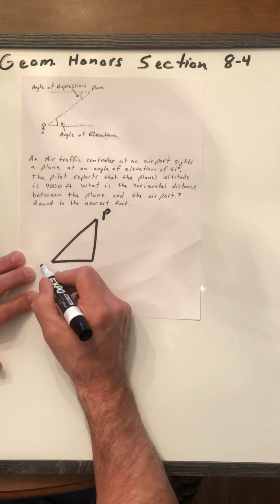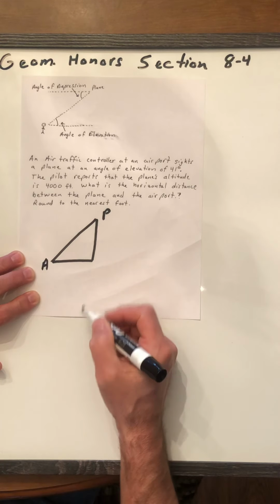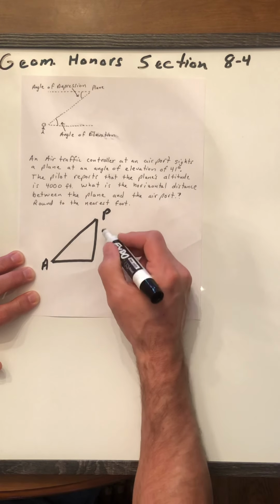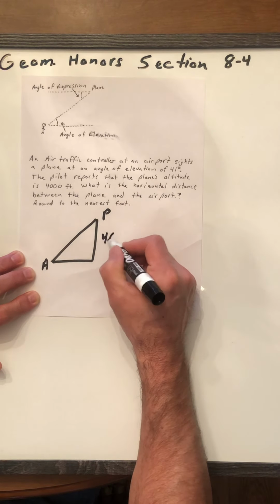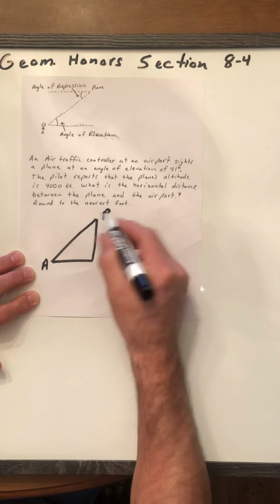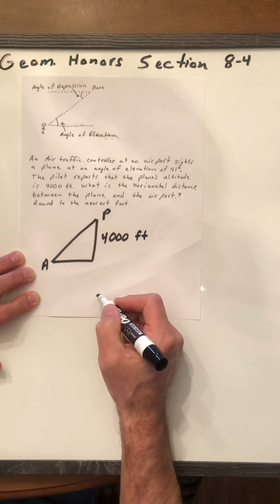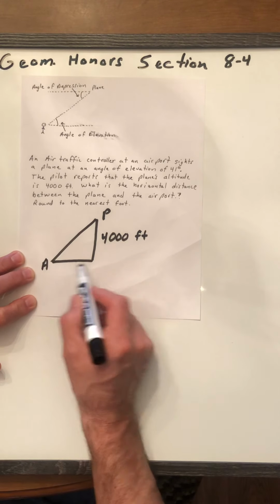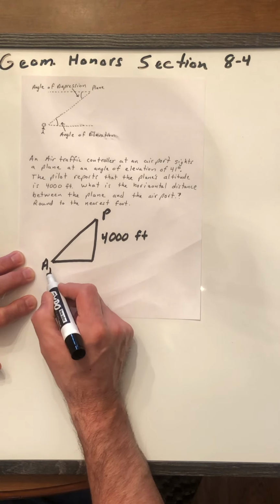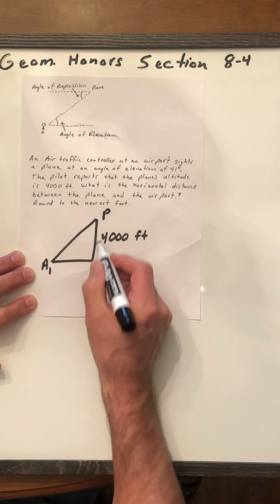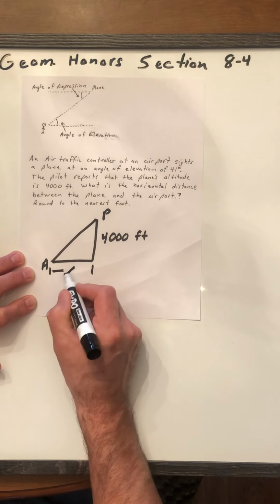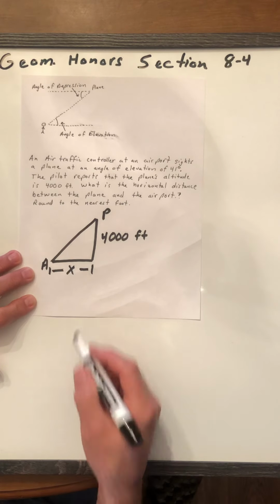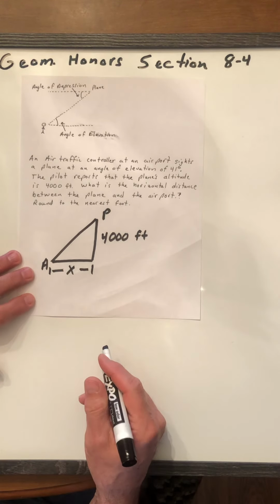Down here is the airport, and then the altitude would be from the plane down to the ground, and he said that was 4,000 feet. He wants to know the horizontal distance. They're trying to find how far it is from the airport to where it's on the ground, which would be your x, and that is what we're trying to find. And so that would be the diagram I'm dealing with.